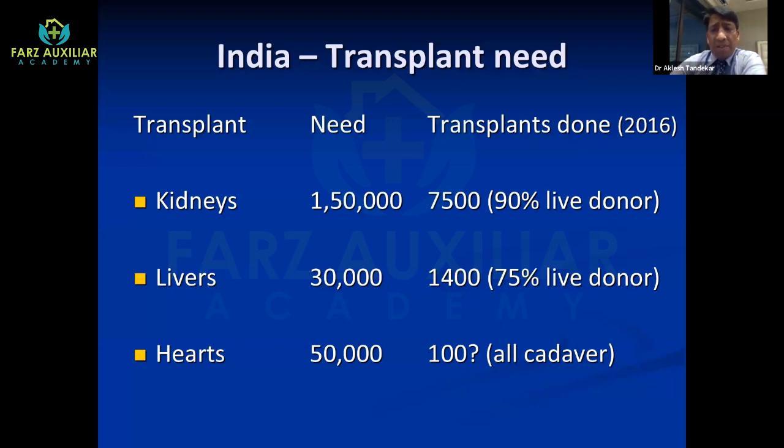Even part of the liver can be donated by a family member to the patient, and that's why you see an increase in liver transplants over a period of time. But heart and lung transplants are organs where you have to be completely dependent on cadaveric organ donation. That's why heart and lung transplantations are very few compared to kidney and liver transplantation.